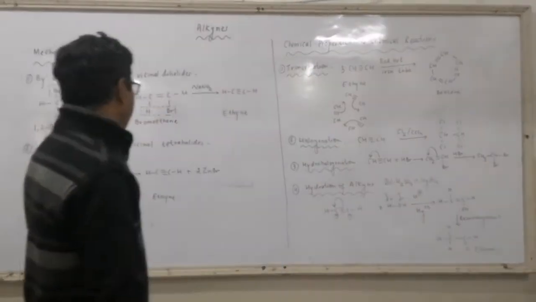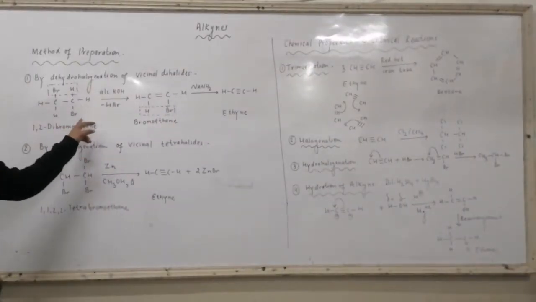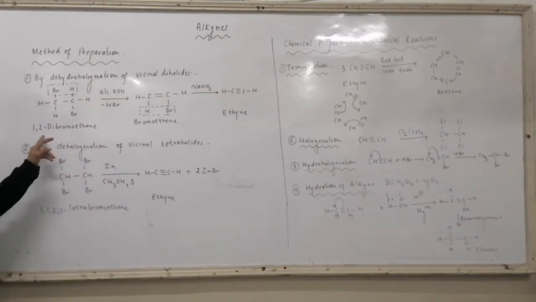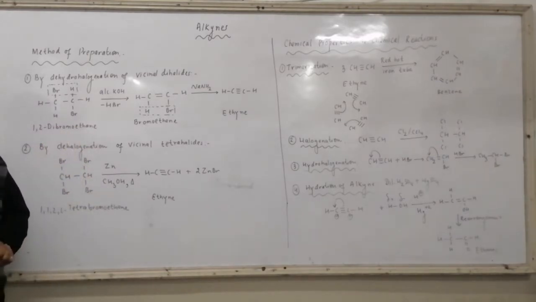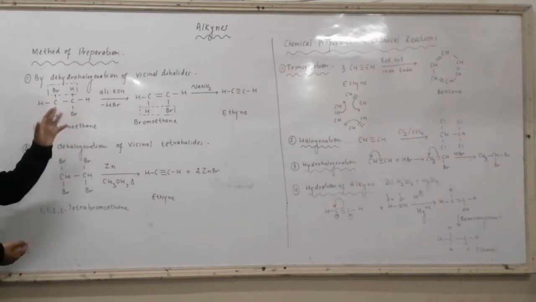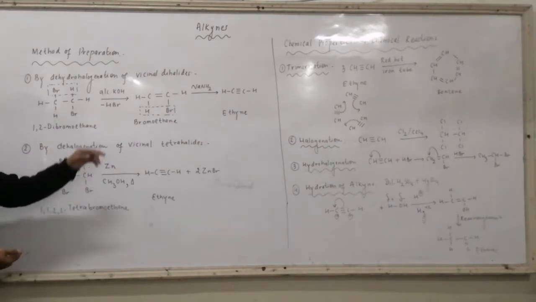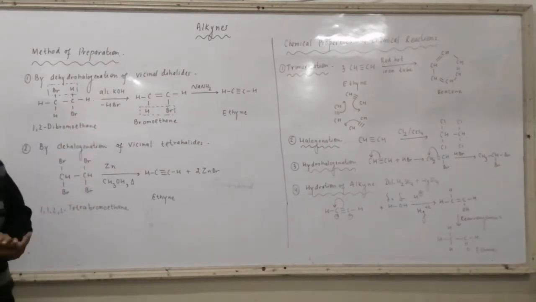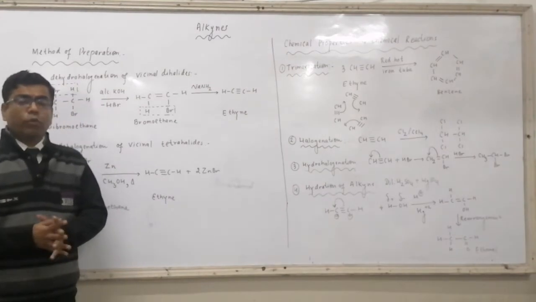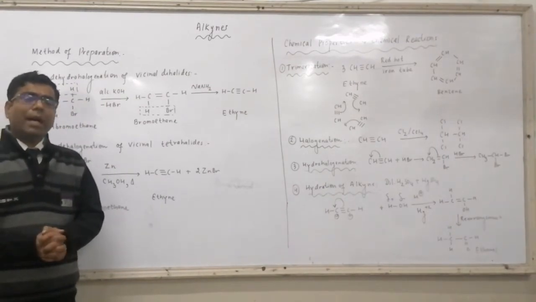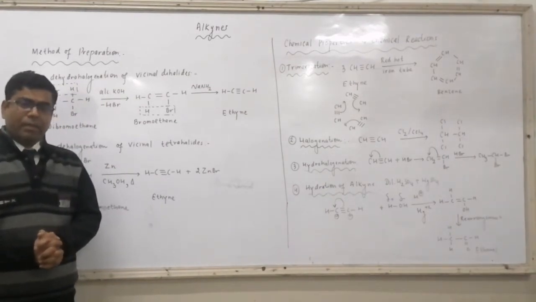So here is your molecule of vicinal dihalide, and the compound is 1,2-dibromoethane. There are two bromine atoms located on neighboring carbon atoms. Now, when it is treated with alcoholic KOH, we know it very well that alcoholic KOH is a dehydrohalogenating reagent.